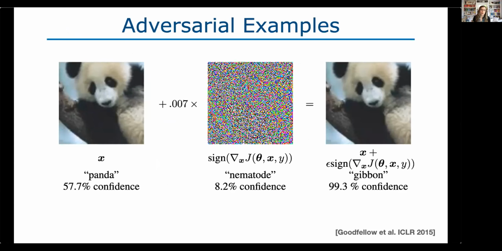So if you were originally able to correctly recognize this as a panda, you could seemingly add some low magnitude noise. Of course, it's chosen in a very, very specific way. But once you add that, you're able to completely change the output of the model.